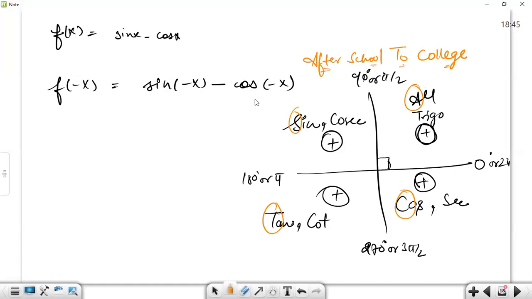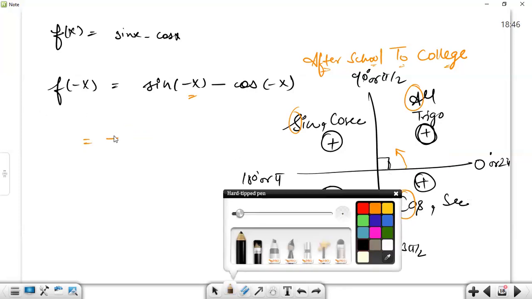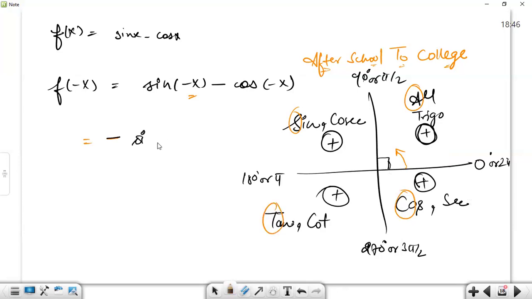So sine of minus x means we are going minus. From 0, the angle is always calculated in the anti-clockwise direction. If we go in the clockwise direction, then the angle is considered negative. So if there is a negative sign, the angle exists in the fourth quadrant. For the fourth quadrant, sine is negative, so it will be written as minus of sine x.